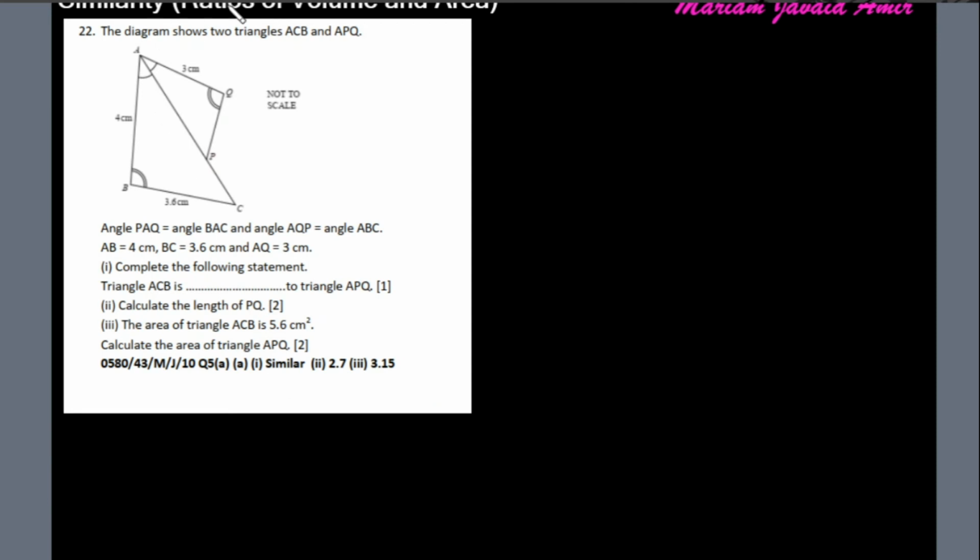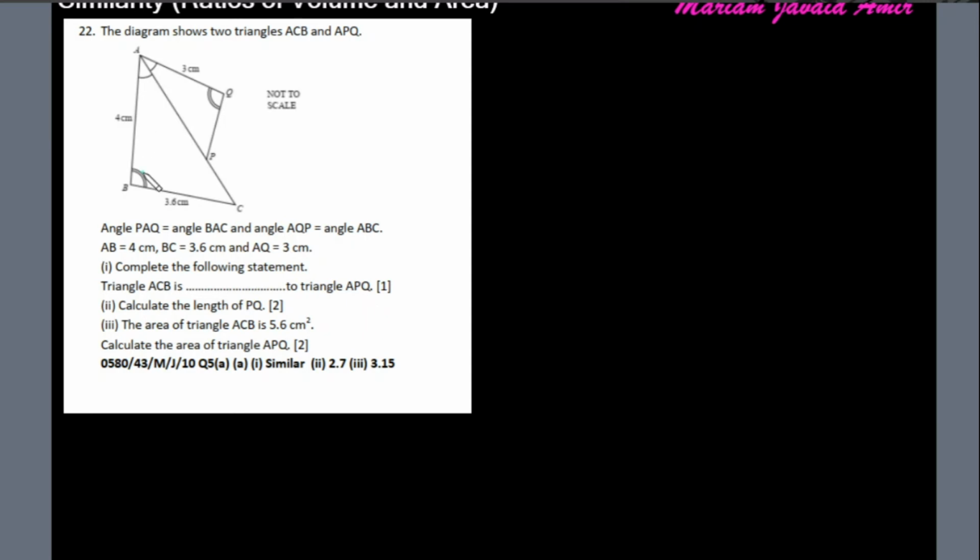Next question, the diagram shows two triangles ACB and PBQ. This angle equals this angle, and complete the following statement. Triangle ACB is dashed to triangle APQ.